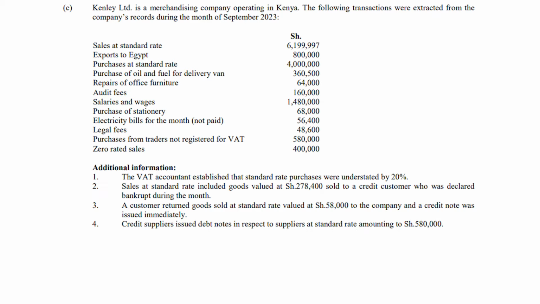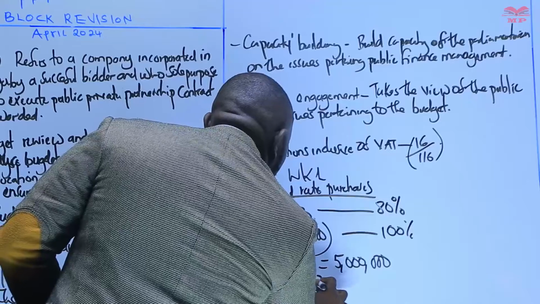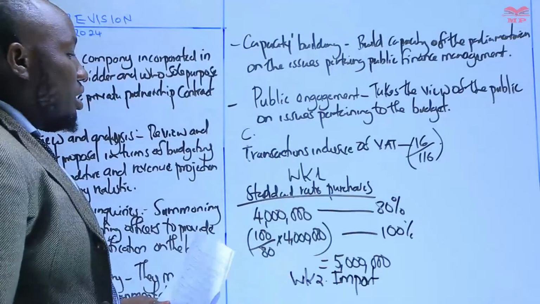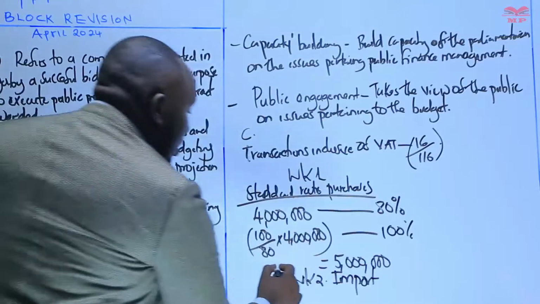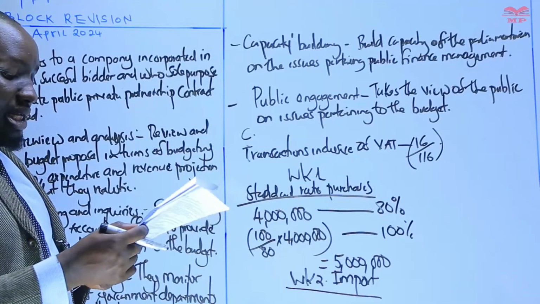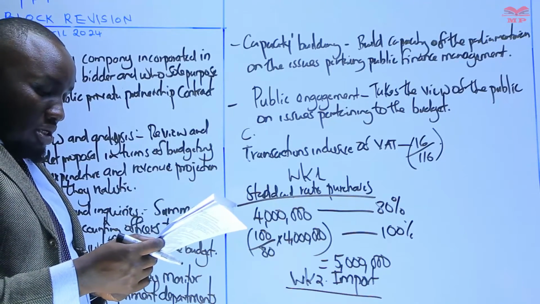So 6, we're being told that the accountant established that an invoice of 480, that's an import, from a foreign supplier was not recorded. The import duty was 120.